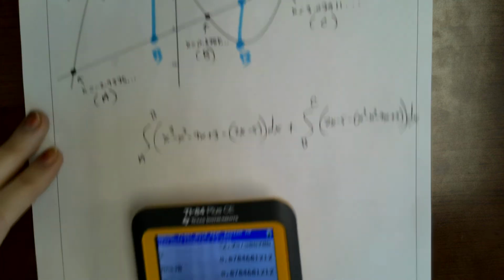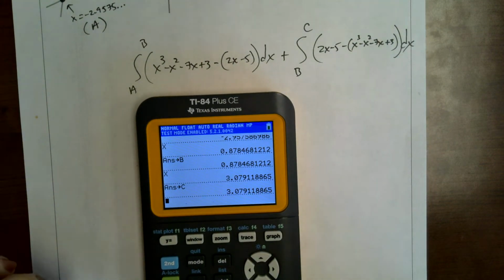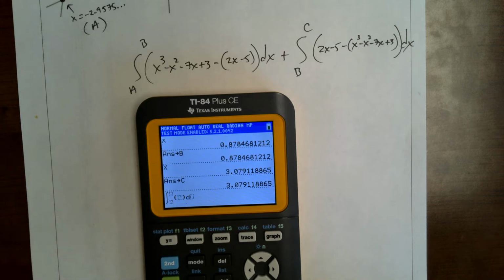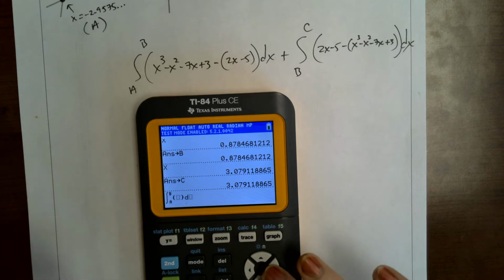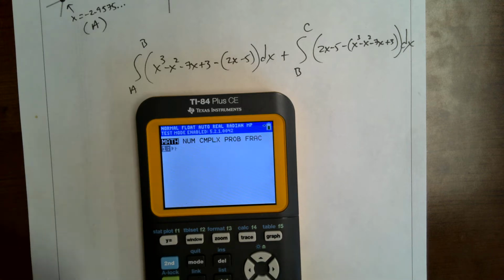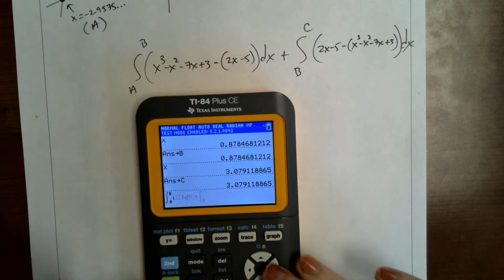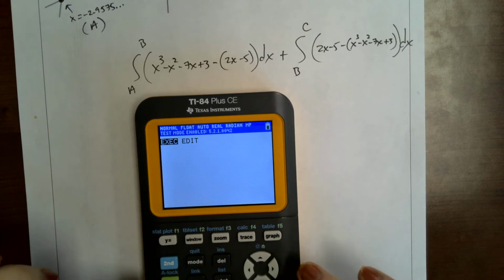And then, guys, I'm not going to go through the whole thing, but I'm just going to show you a little bit. So you're going to go math 9, and then you're going to type in from A to B, and then you put in the function there, dx plus math 9 from B, whoopsie, stop.